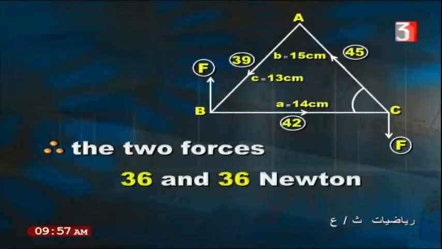After that, we know that the two forces F and F which act at C and B are in equilibrium, then the summation of the two couples must equal 0. Then we find the value of the force which acts at C and B by dividing the moment of the first couple by the distance BC, 14. The answer is 36 Newton. Then the force is 36 Newton.